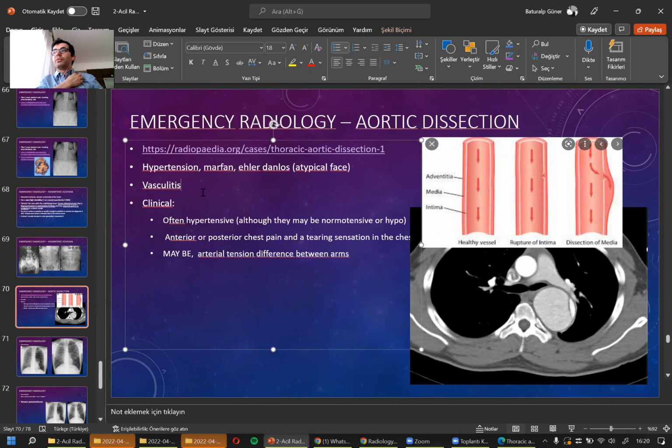So when you measure the arterial difference and it's normal, it doesn't exclude, unfortunately. So there is chest pain in these patients, and usually a tearing sensation, a very severe pain with tearing sensation can raise some question marks.